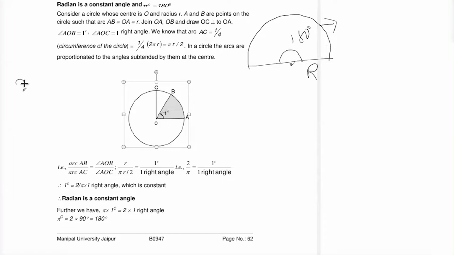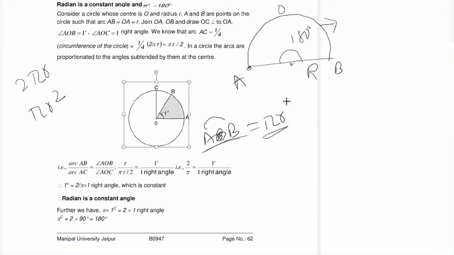Circumference of a circle, you know, is 2 pi r. Area is pi r square. Then this arc AOB, how much will its length be? It will be pi r.